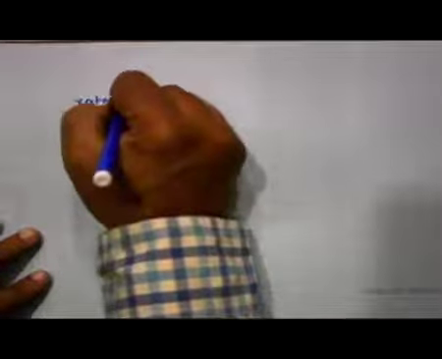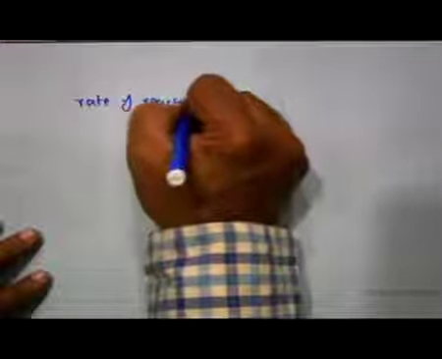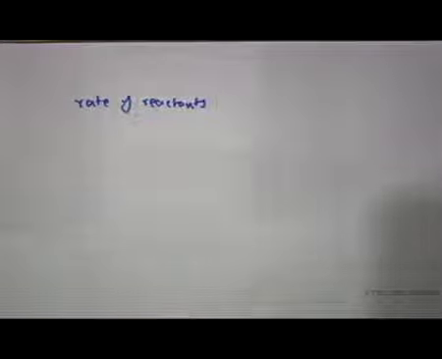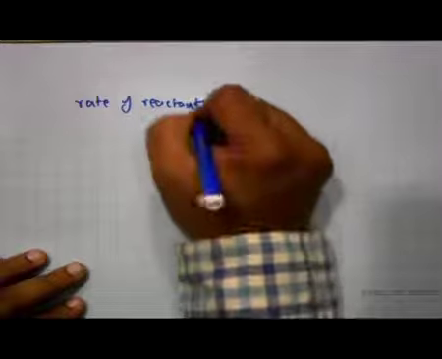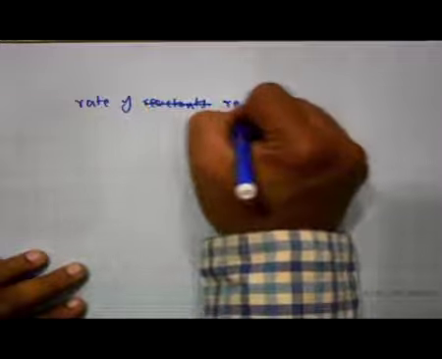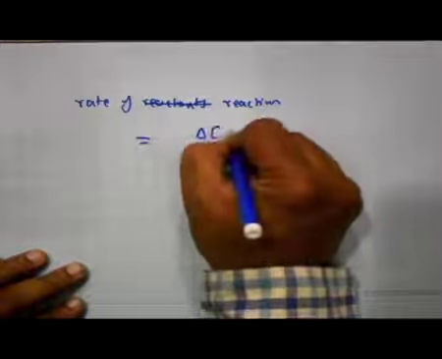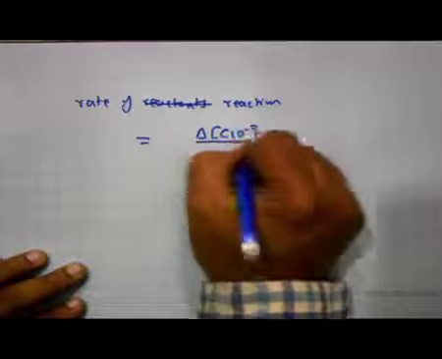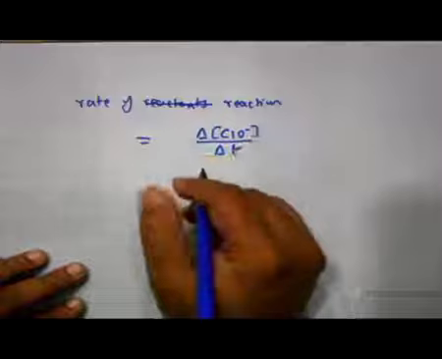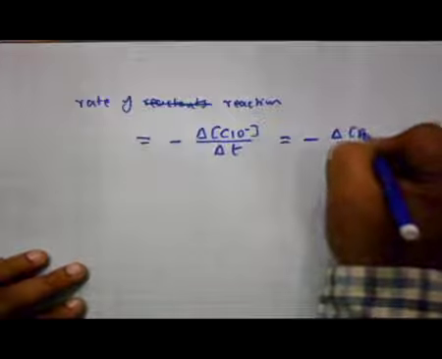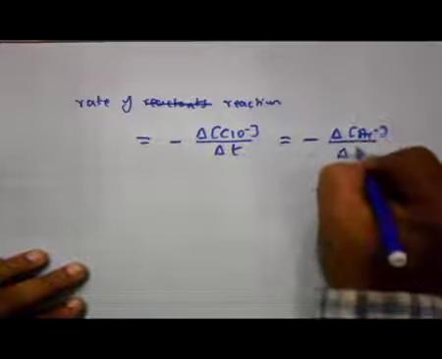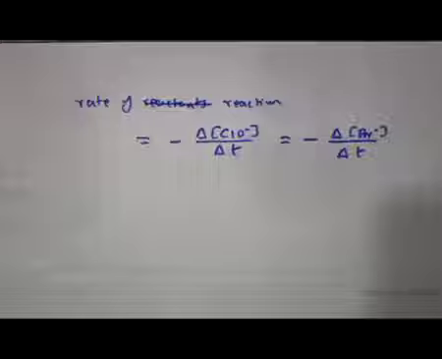If you are expressing the rate of reaction in terms of the reactants, in this case hypochlorite and bromide, what I meant was the rate of reaction. You can express it like this: the change of the concentration of the reactant hypochlorite over a defined time interval with a negative sign, or the change of the concentration of bromide over a time interval with the change in sign.